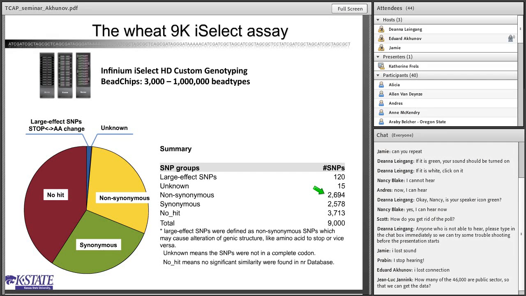We have 2,500 synonymous SNPs, and the rest of the SNPs were either in non-coding areas or could not be annotated. And there are some large effect SNPs that result in stop codons. This functional annotation is also quite important because it may provide you some idea about the functional importance of the SNP if you find significant associations.